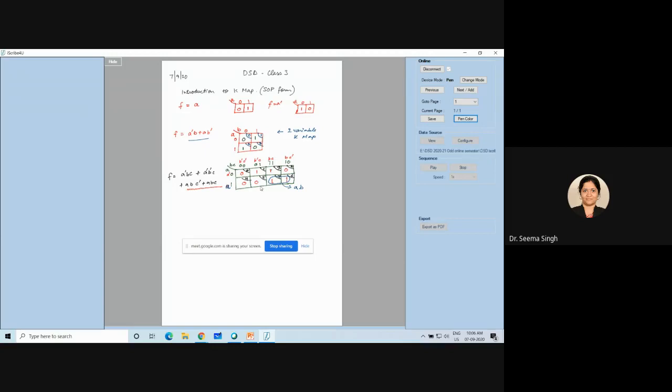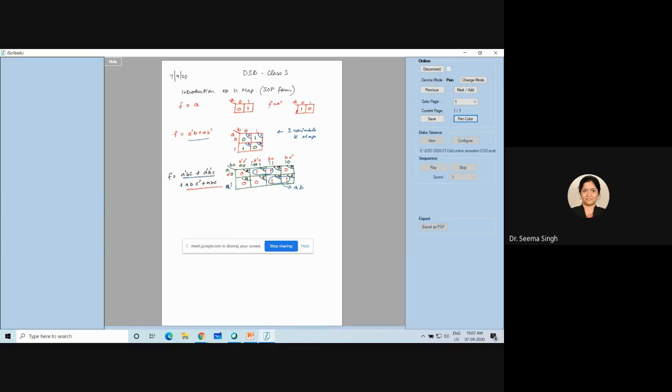Now something else we can see here is A bar BC and A bar B bar C. Let us see how pairing is done for this. In your K-map, where is A bar BC? It's a 3. Where is A bar B bar C? It's a 1. So these two pairing will happen now. In this pair, A bar is common and C is common.